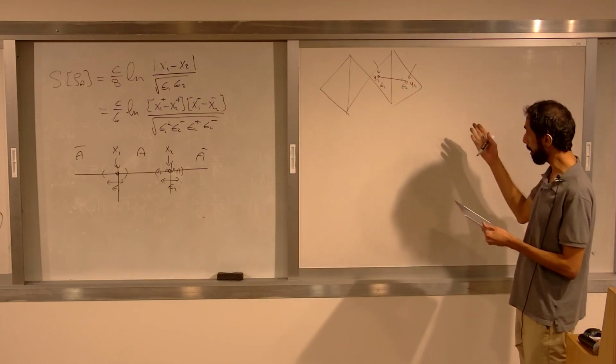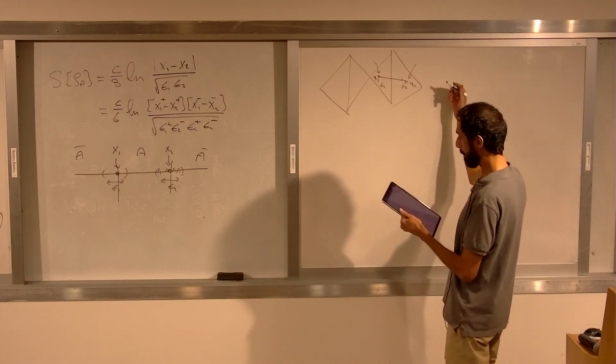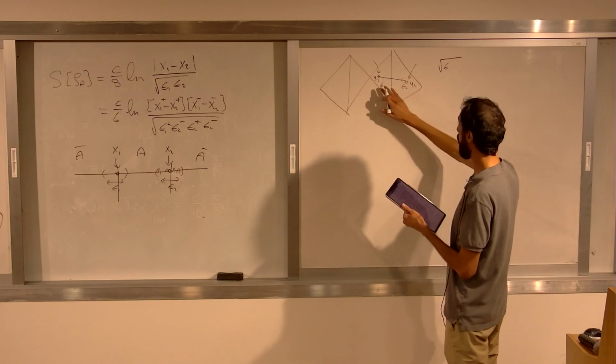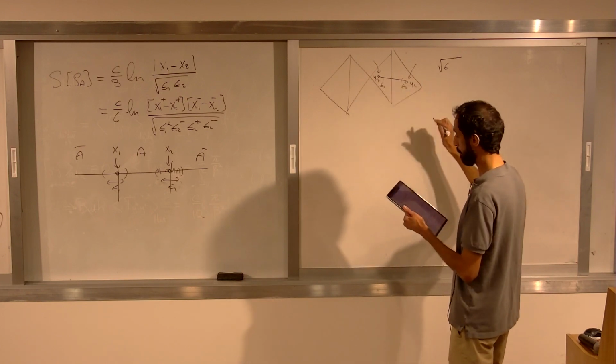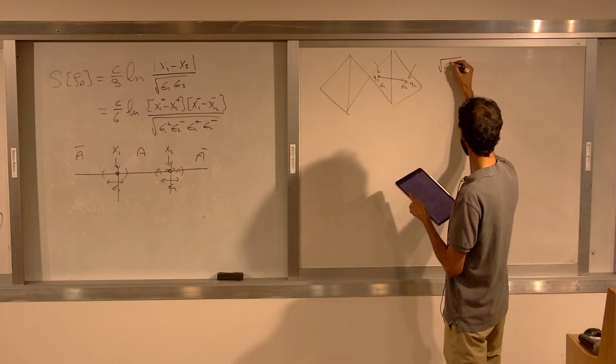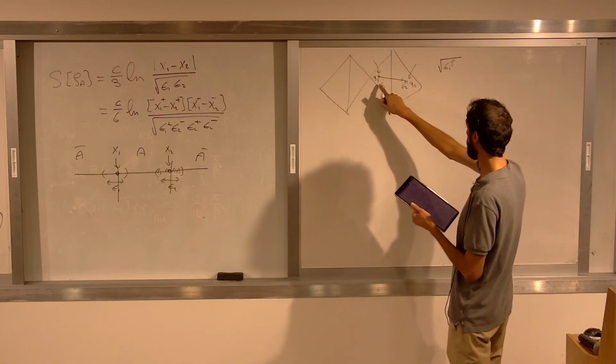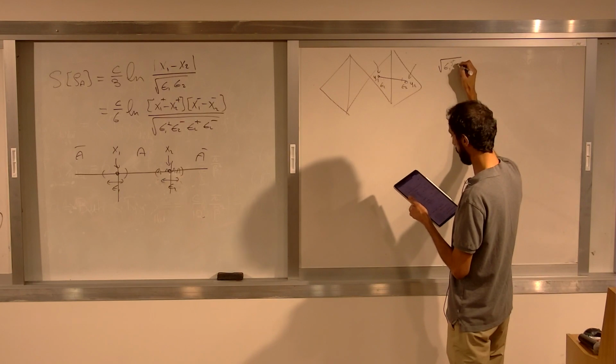The cutoffs are specified as some fixed proper distance from these 2 points. Let's say we look at the cutoff here. What we mean by the cutoff here is the following.